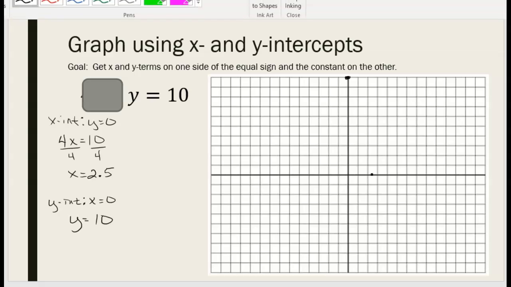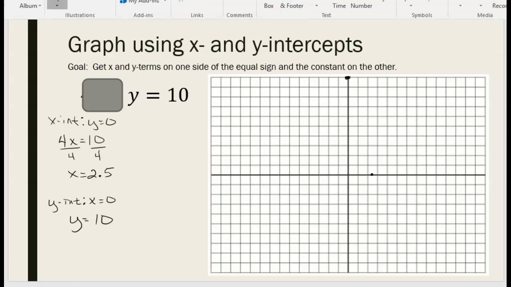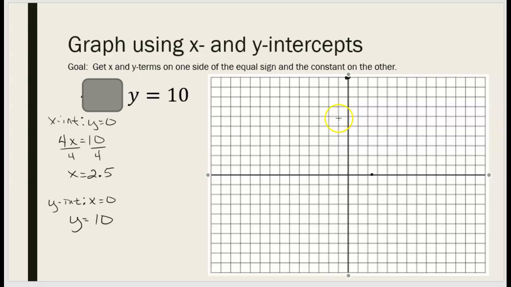And then I can put my line between those points. So it's going to look something like that. Extend that one through there. Okay? And there you have it. That is how you graph from standard form using x and y intercepts.